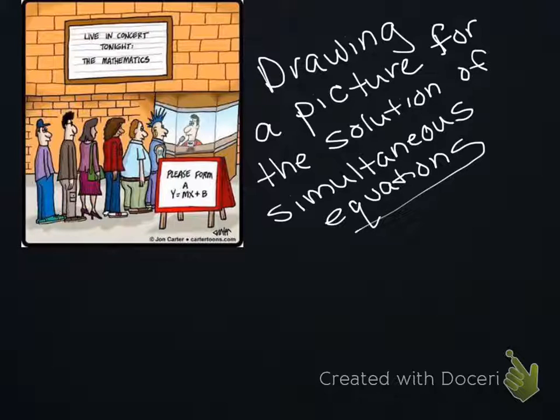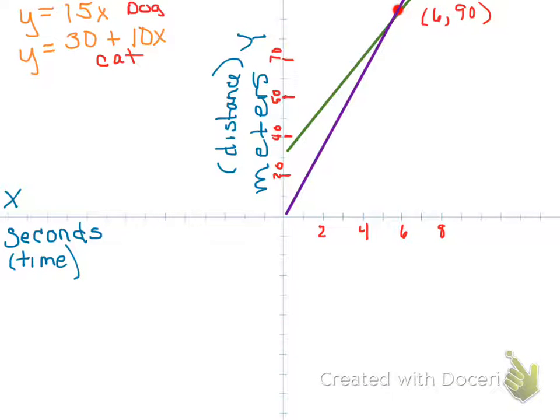Let's look at some of the problems. Let's look at the example that they use in the book. Anytime we're dealing with distance and time as the greyhound and the kitty cat, we're really just dealing with the same formula of distance equals rate times time.